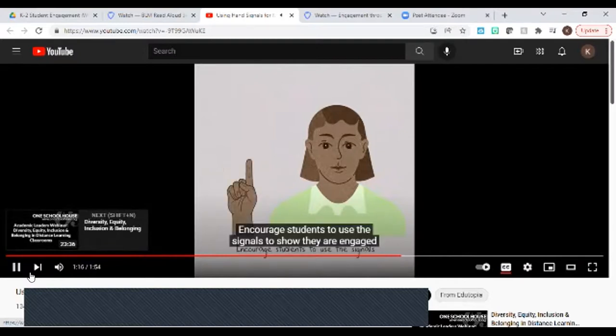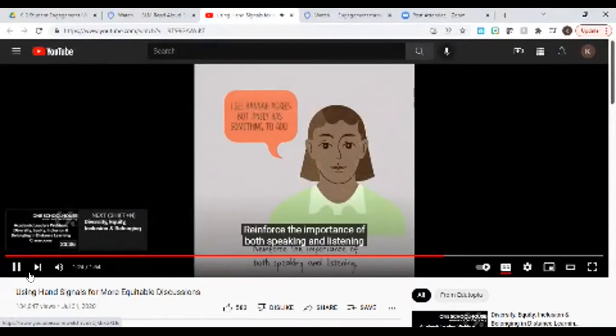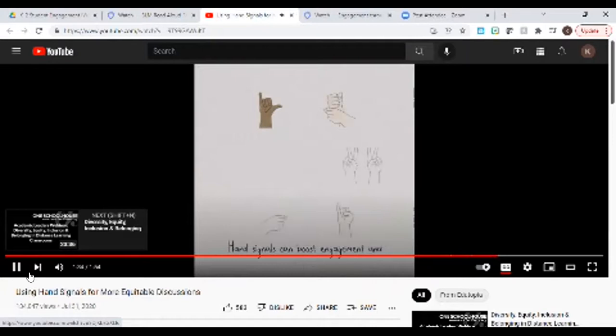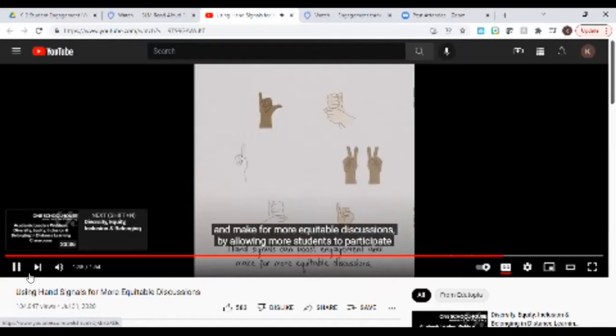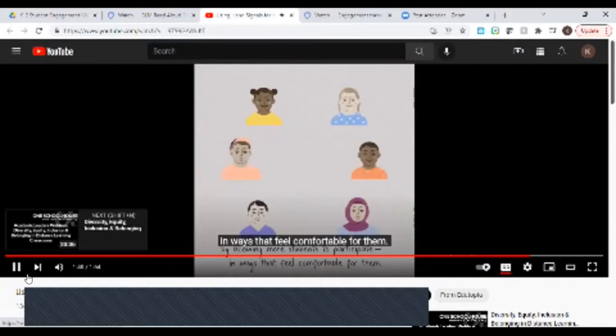Encourage students to use the signals to show they are engaged in the conversation, whether they plan to speak or not. Reinforce the importance of both speaking and listening by acknowledging nonverbal and verbal participants by name. With a little bit of practice, these hand signals can boost engagement and make for more equitable discussions by allowing more students to participate in ways that feel comfortable for them.